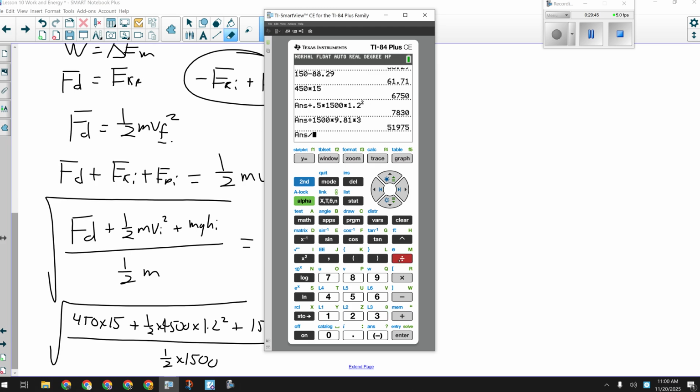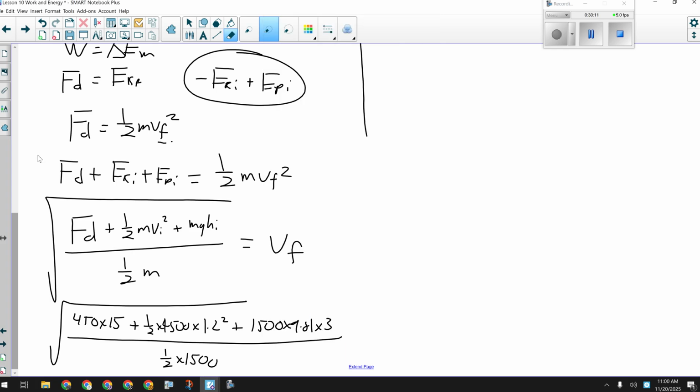Divide that by 750, half of 1,500, and then square root that. So at the bottom of the ramp, it's going 8.3 meters per second. That seems fairly reasonable. It's being pushed down a 15-meter long ramp. It seems right, 8.3 meters per second.